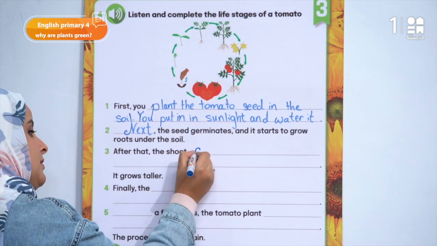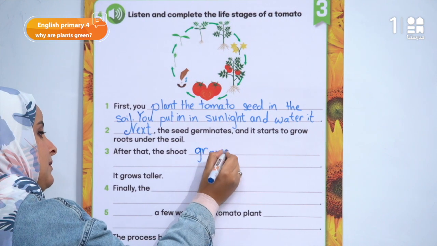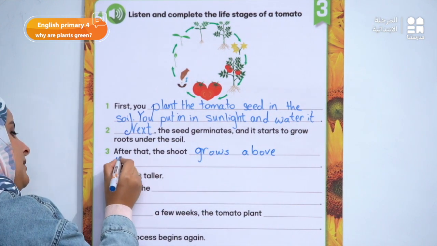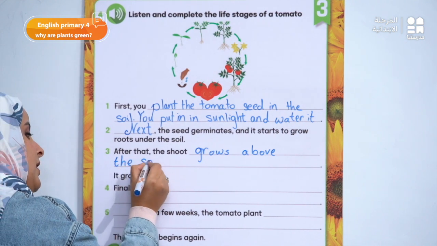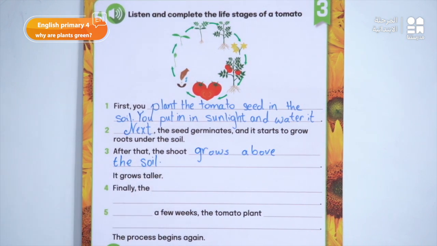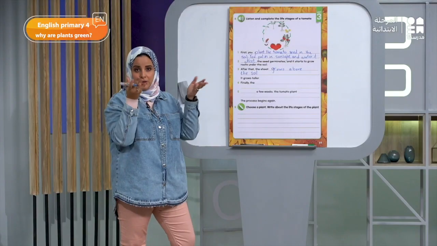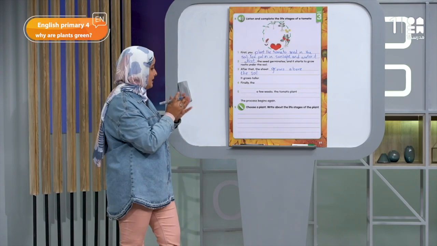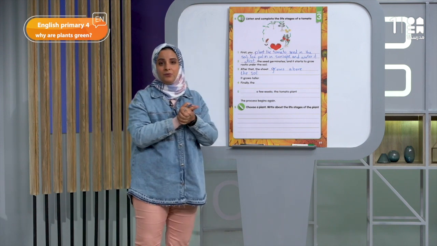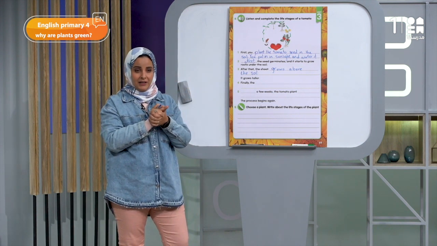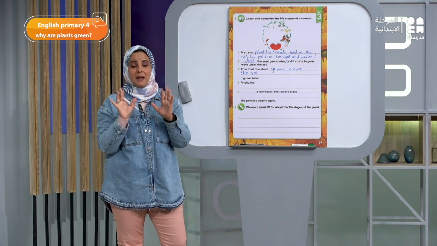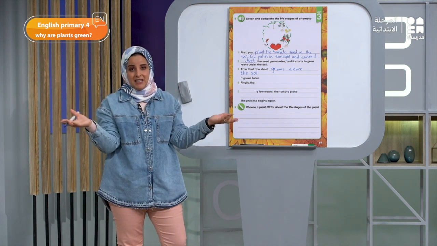The shoot grows above the soil. It grows taller. It will keep growing taller until it is big. Number 4. Finally, the what? Very good. The plant grows leaves.